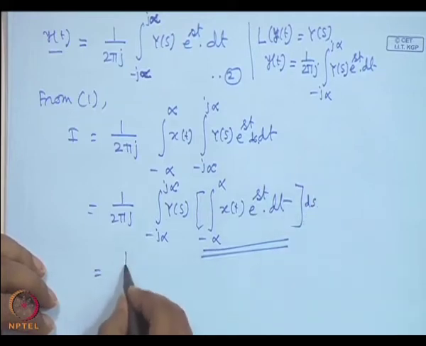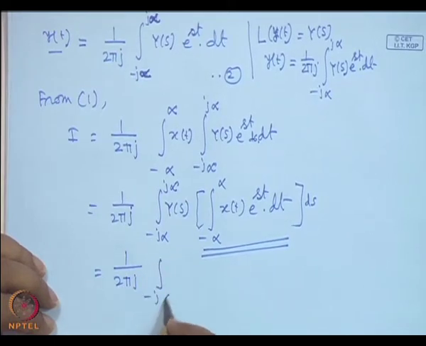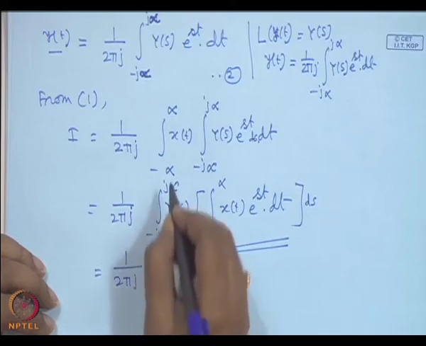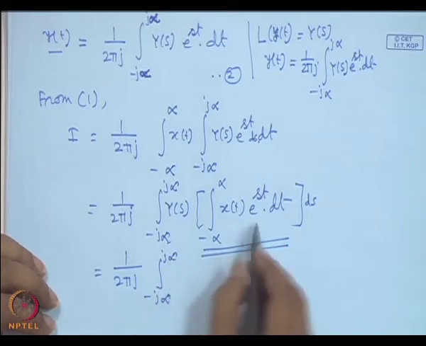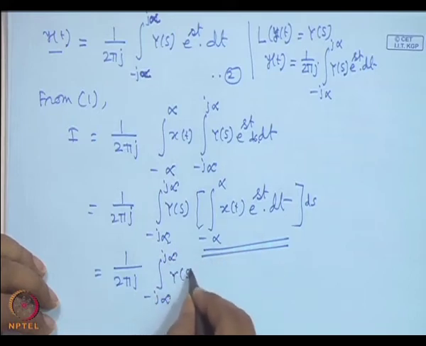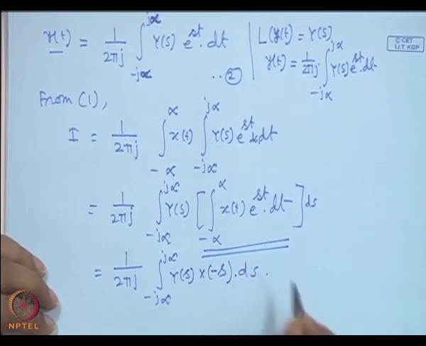So we can write I equal to 1 by 2 pi j, integral from minus j infinity to plus j infinity of y of s times x of minus s ds. Let us call this equation 3.